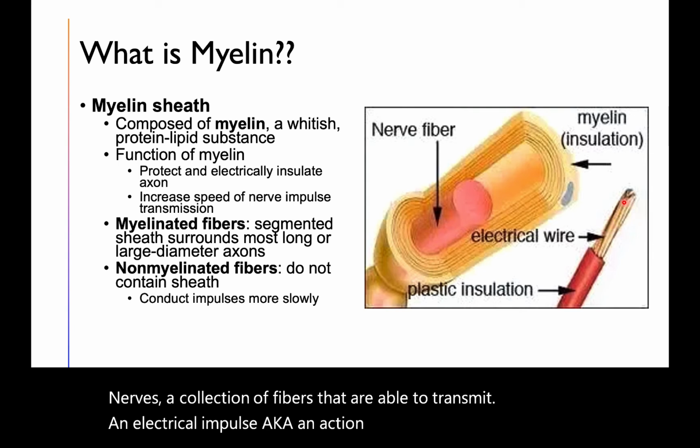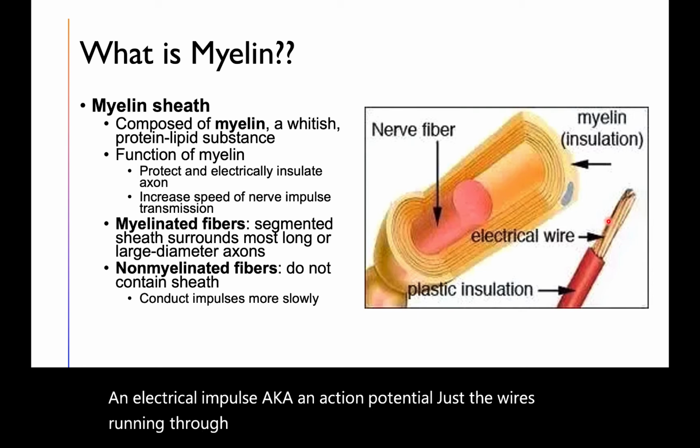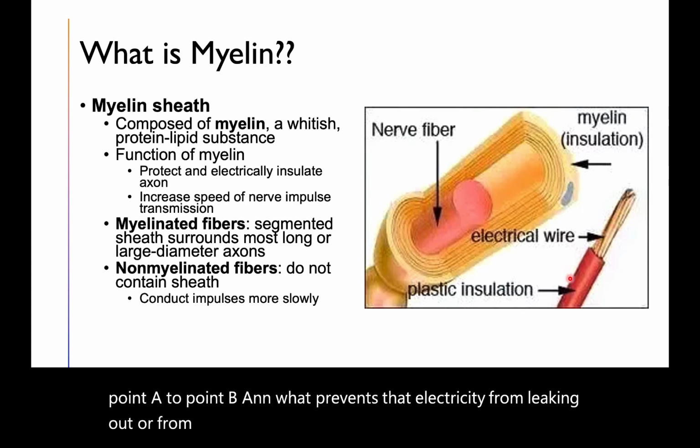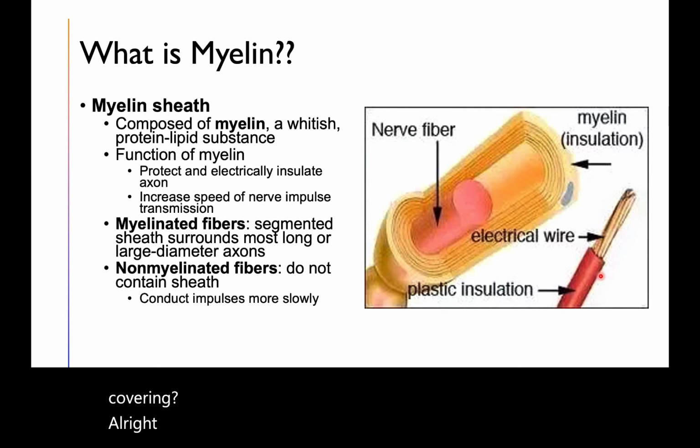Just like the wires running through a cord are able to carry the electricity from point A to point B. And what prevents that electricity from leaking out or from shorting within these wires is this rubber insulative covering that is wrapped around the wires, just like an extension cord. That orange covering around the extension cord.